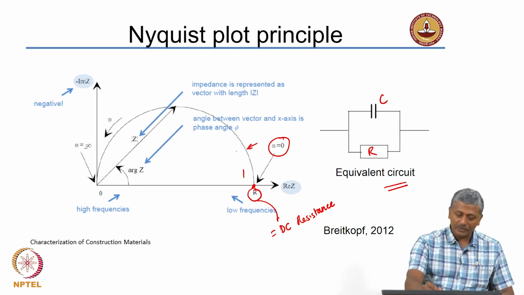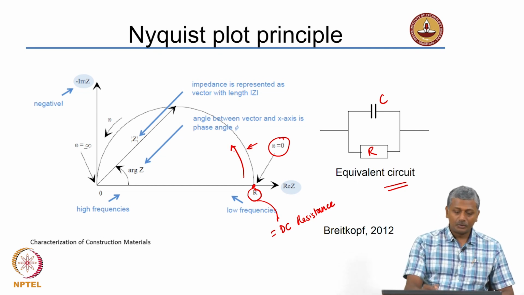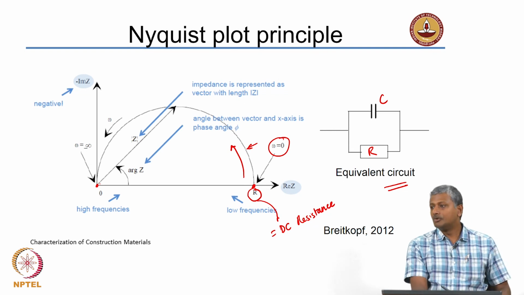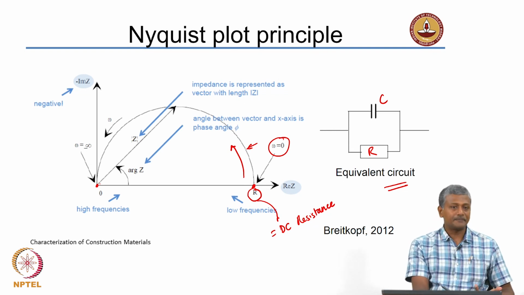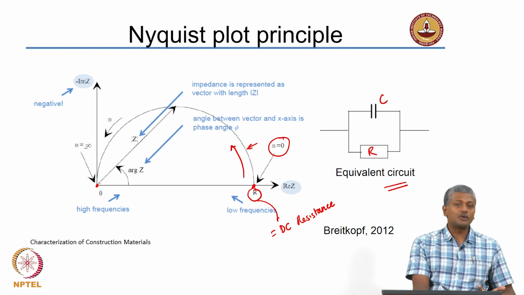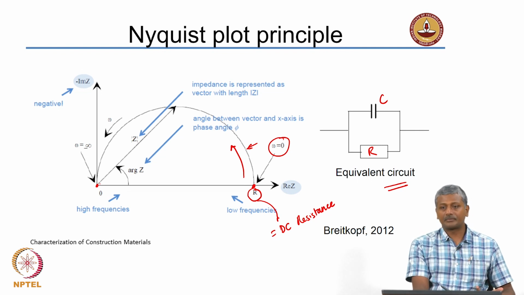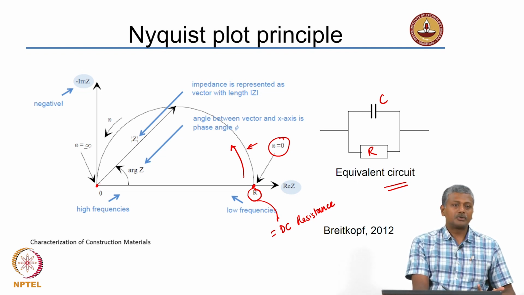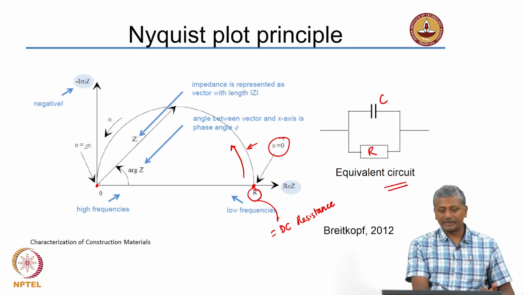As you increase the frequencies, you go along this arc, and technically, theoretically, for an angular frequency of infinity, you should have a 0 impedance. You should have a 0 impedance for angular frequency of infinity.